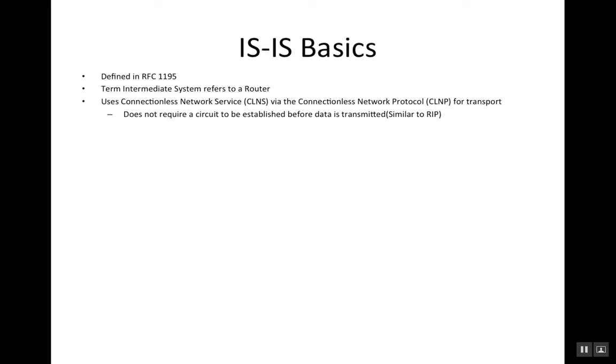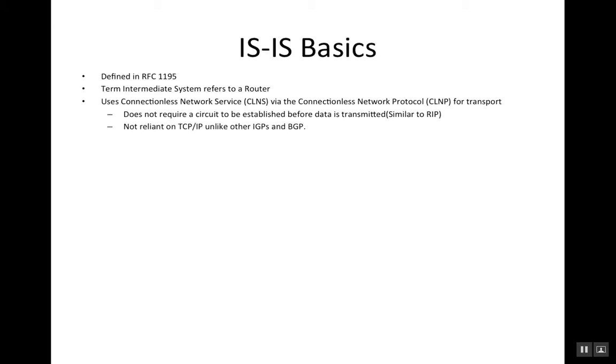As soon as you put in a network statement for the subnet you want to advertise, it will start sending out RIP messages to whoever is listening on that segment. So it doesn't require you to have an adjacent neighbor. ISIS operates similar to that.